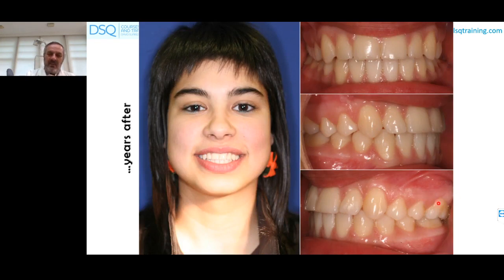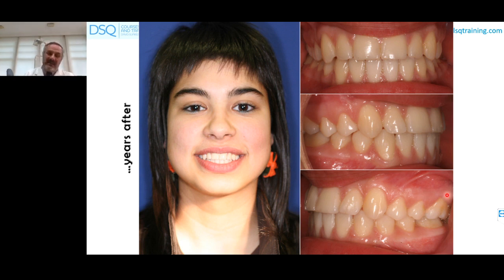Remember, when we are seeing a patient 5 or 10 years after orthodontic treatment, the main problem in my office is the gingival recession.